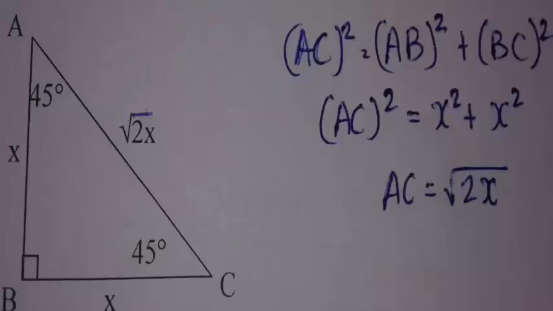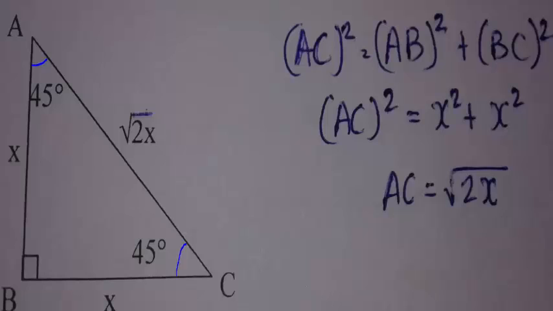Isosceles right triangle. When a triangle has one interior angle which is right angle and two sides other than hypotenuse equal, then it is called an isosceles right triangle. In such a case, the sides of the triangle are in the ratio 1:1:√2. As shown in the figure, angle A is equal to angle C is equal to 45 degree.